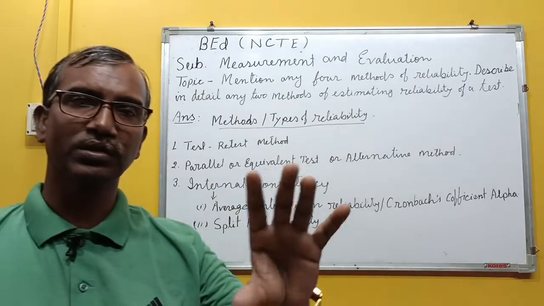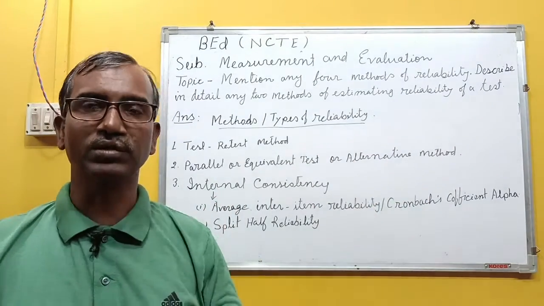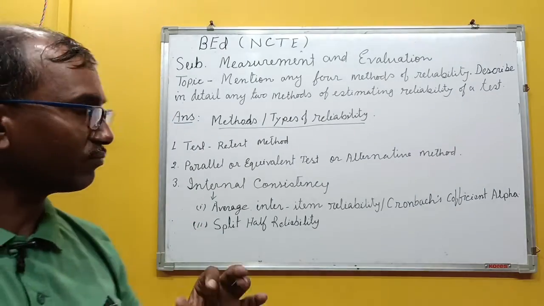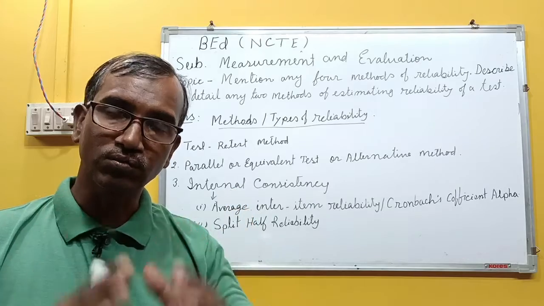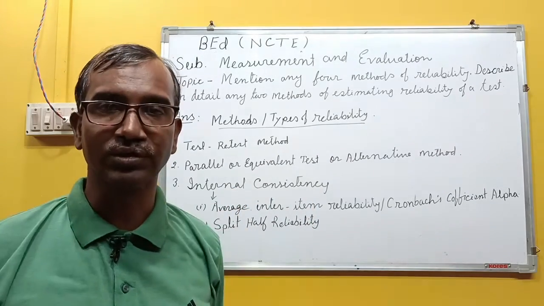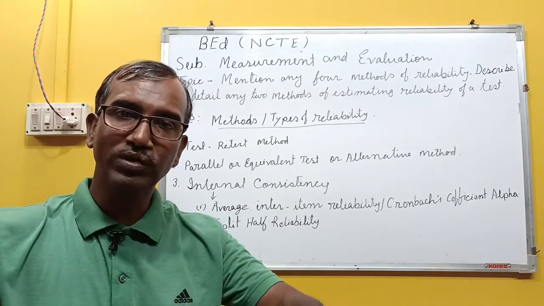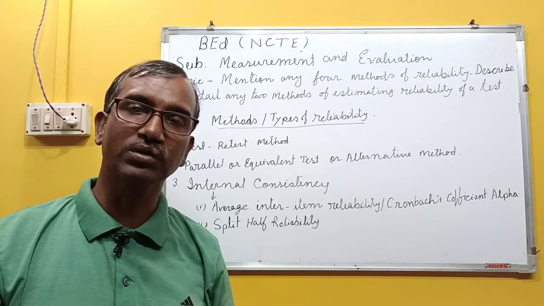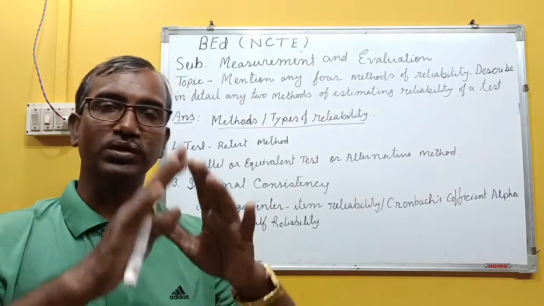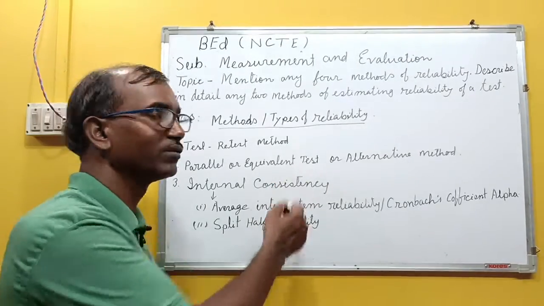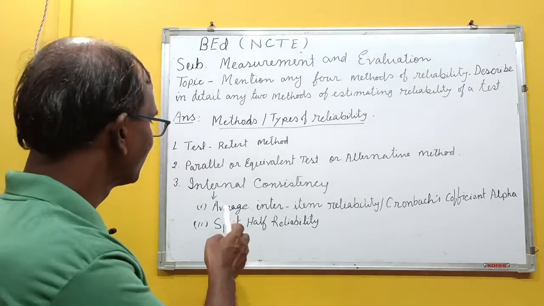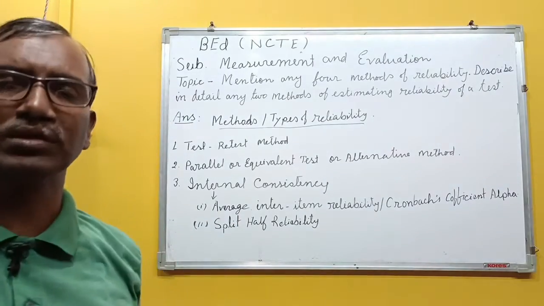So two tests, here 50 items, here another 50 items. After administering the two tests on the same group of children, we may find the coefficient of correlation of the scores of the two tests. And finally, we can find out the reliability.